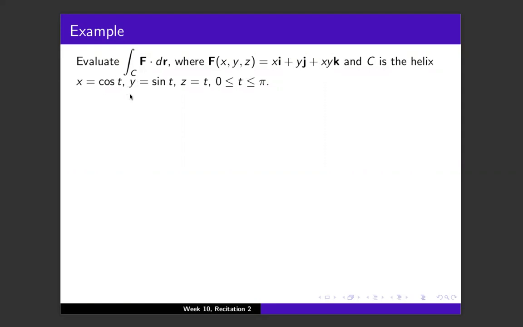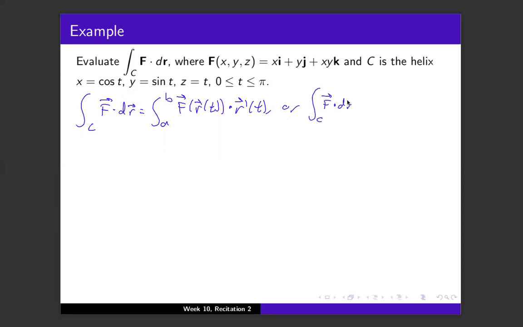Again, we're dealing with what's very clearly a vector field integral. So there are two possibilities. We can either use the integral over C of F dot dr is the integral from a to b of F of r of t dotted with r prime of t, or we can use the integral over C of F dot dr is little f at the end minus little f at the start.